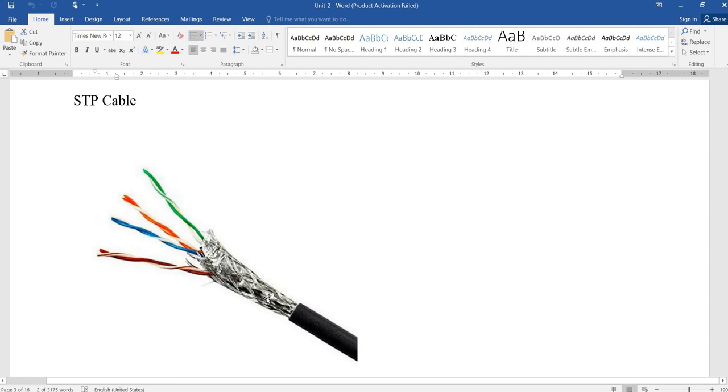So what is the difference between shielded and unshielded? The difference is that shielded cable reduces the noise and interference, and also it increases the transmitting length of the cable.